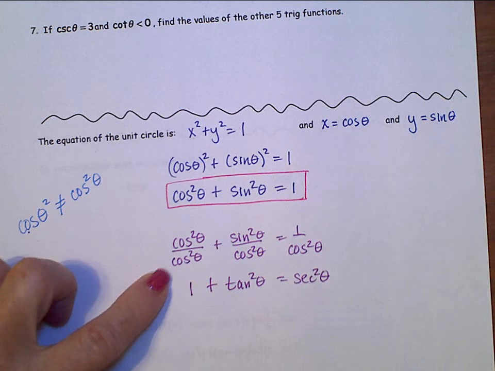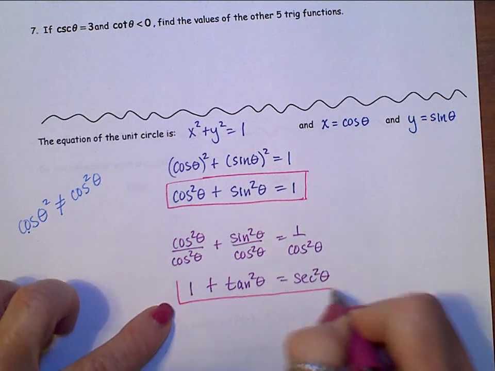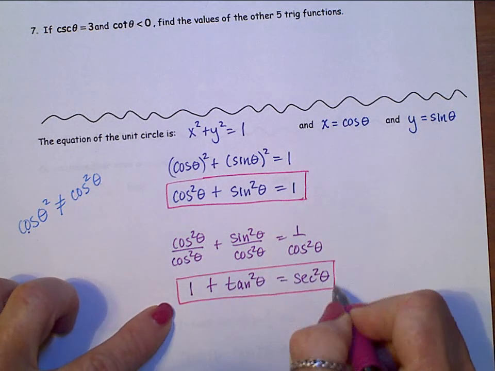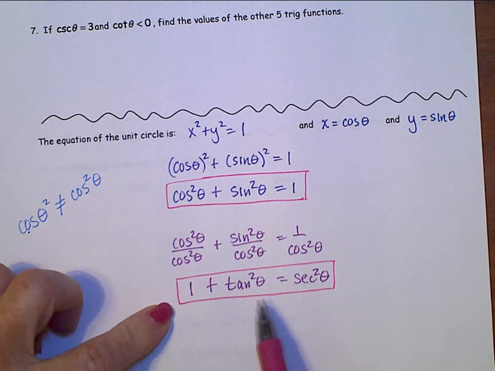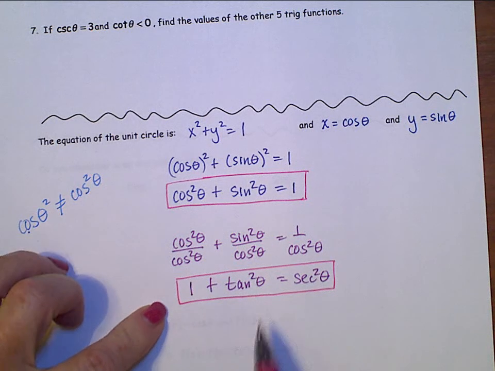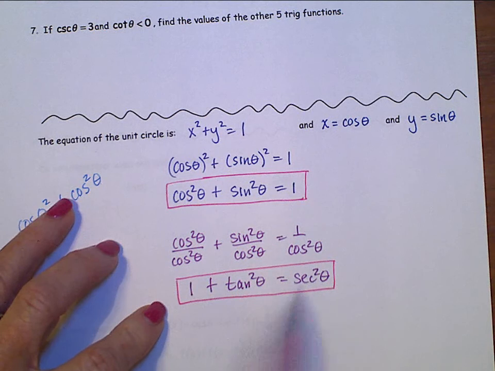That also is an important identity, true for all values of theta defined in that equation. So where tangent is defined and where secant is defined.